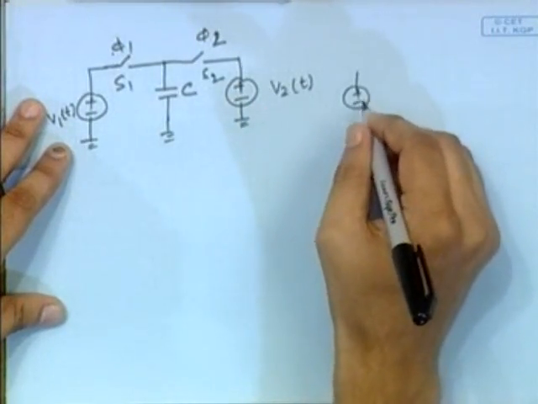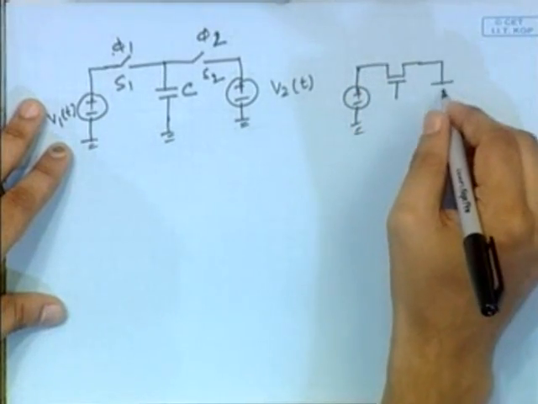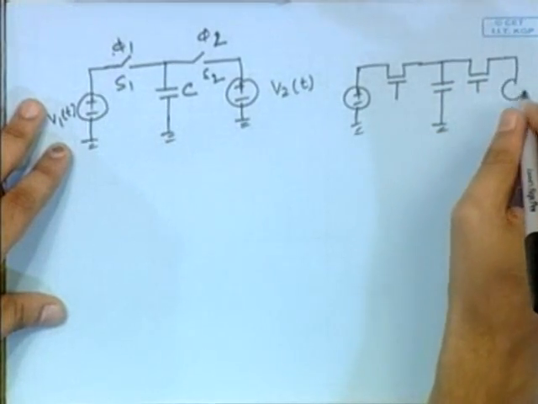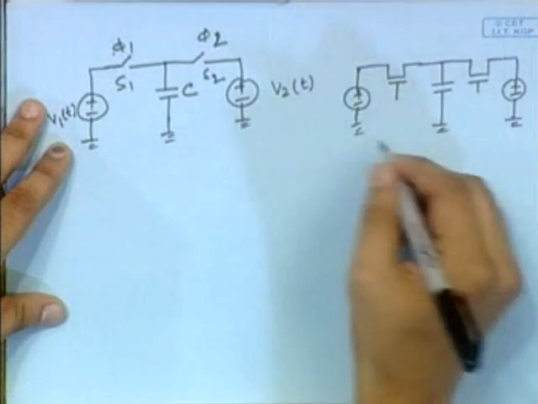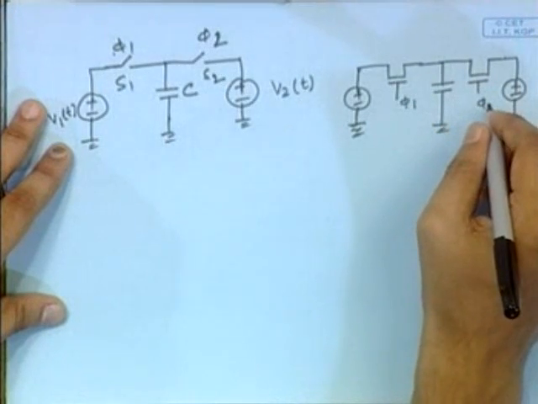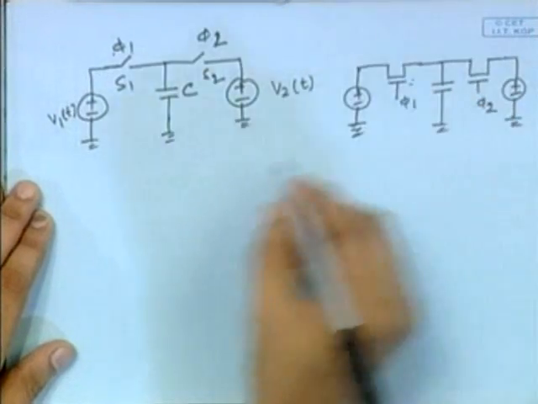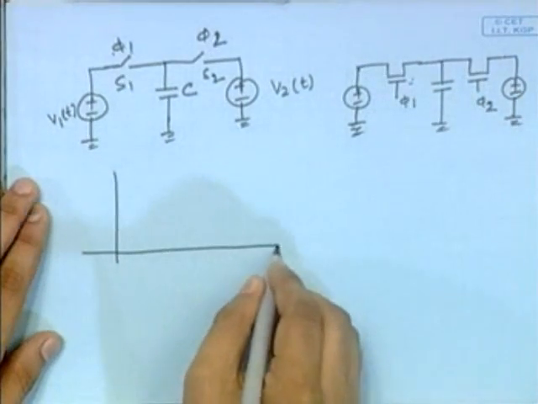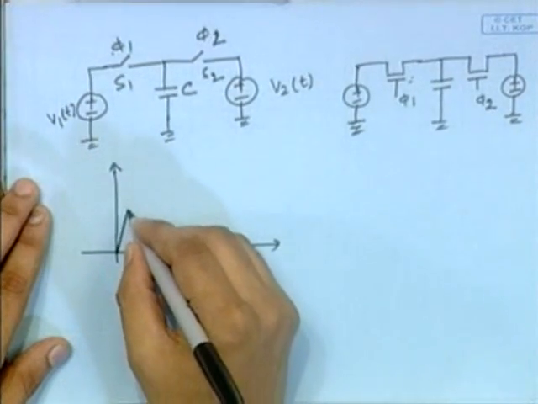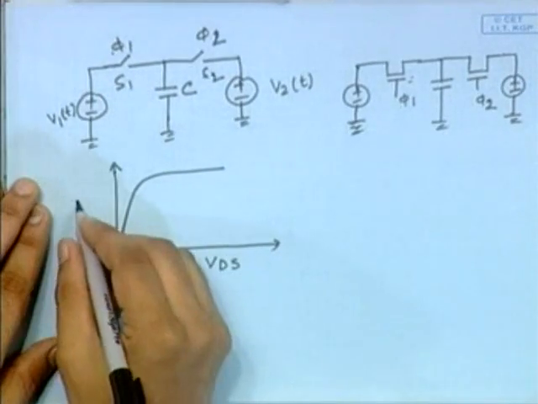The way we design these switches is phi 1 is applied here, phi 2 is applied here. But we have to check whether these two are in triode region or not, because the MOS characteristics curve is like this. This side is VDS, this side is ID.